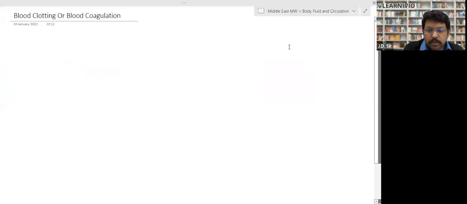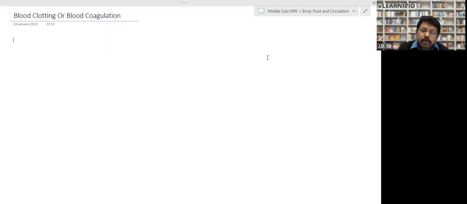So what is actually blood clotting or blood coagulation? Whenever we get an injury at any part, what happens? Suppose I fell down on the ground and got some injury. Blood starts oozing out.